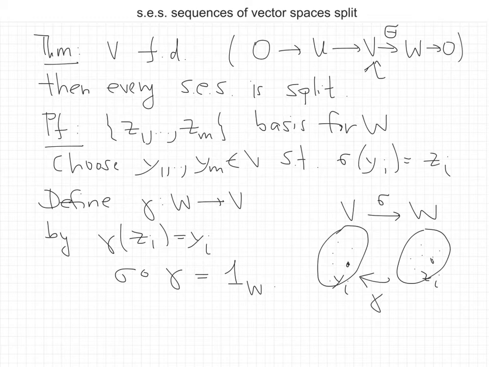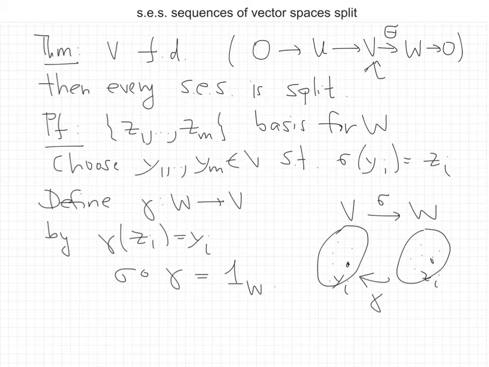Note that actually, if you look at this, all this part here hasn't been used. So what this argument really shows is, if you have a surjective linear map from a vector space V, and if you think even more, the finite dimensionness of V is not really used.